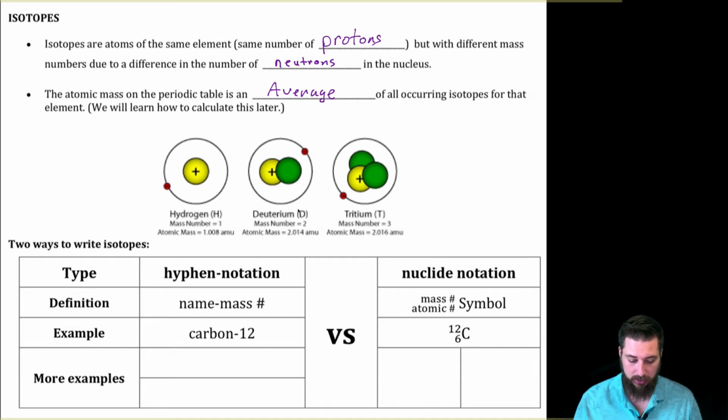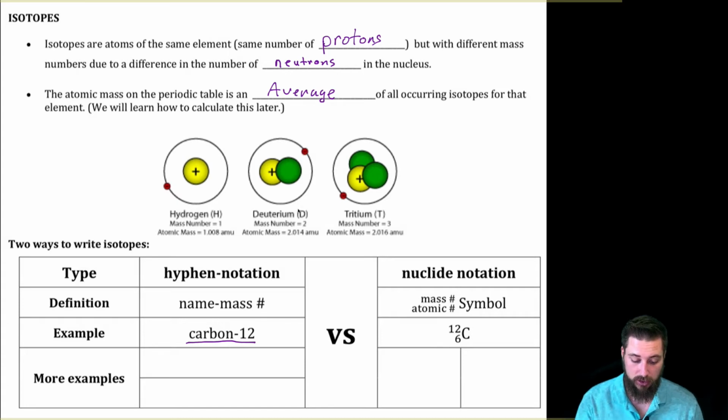Now, let's go ahead and talk about the different isotope notations that we'll come across. If you see something like this, what this means is that it is a carbon atom with a mass of 12. It's called the hyphen notation. If you've ever seen an element with a dash and a number after it, the number after it is telling you the mass of the element.